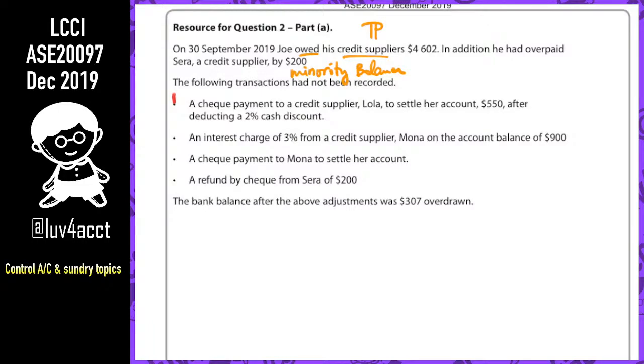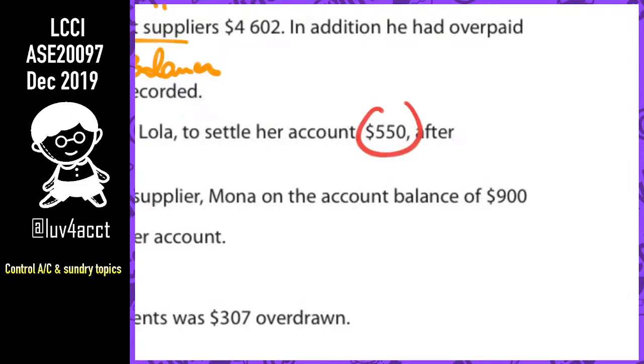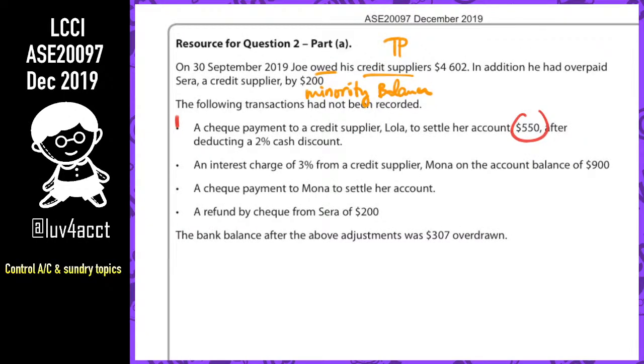So we read it again. Check payment to credit supplier to settle her account, 550. So 550 means the balance of the account. Settle her account of 550.